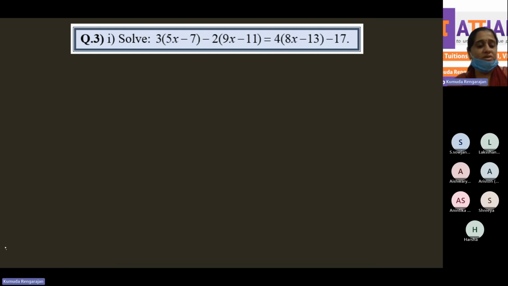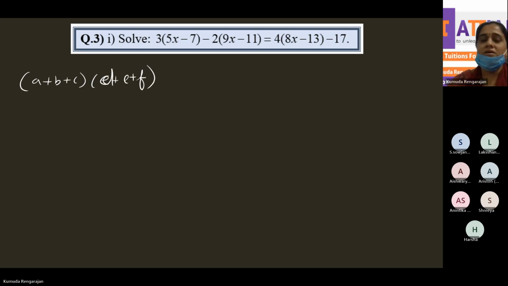This is a different question, children. See here. Now, this is a trinomial, no? A plus B plus C into D plus E plus F. So how do you multiply this? This one is a trinomial, and this one is a trinomial.